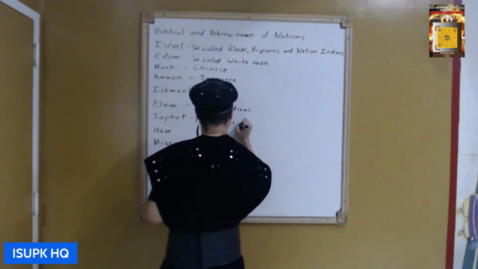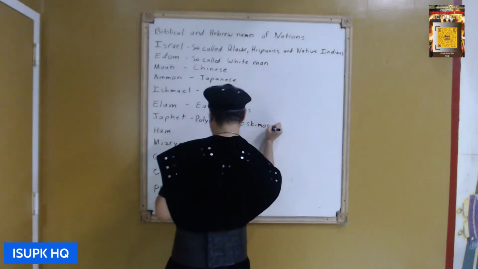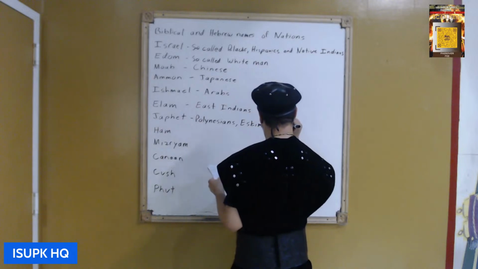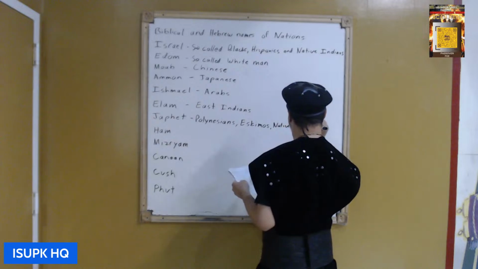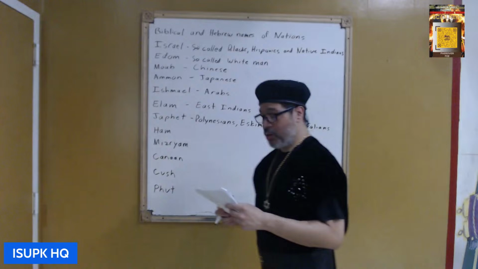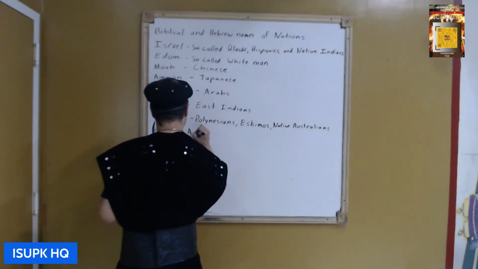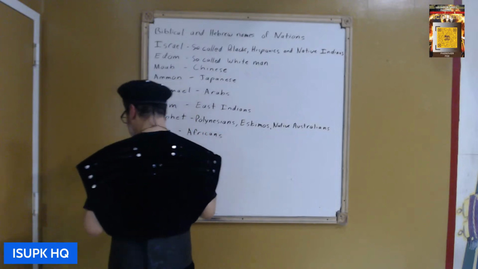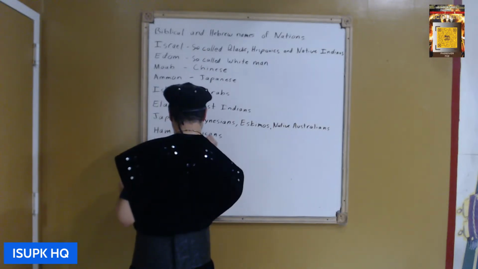Okay. The Eskimos. And the native Australians. We have Ham, which are the Africans. We have Mizraim, which are the Egyptians.